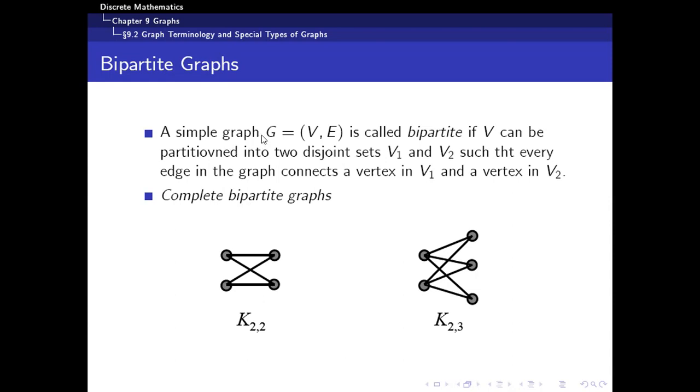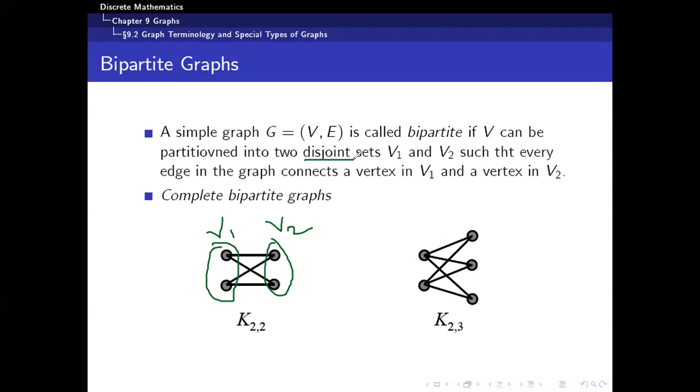So we know a graph consists of the nodes and the edges. Nodes are called the vertex. So the vertex can be grouped or separated into two groups. This group is known as V1 and this group is known as V2. And the condition is that V1 and V2 are disjoint. It means that there will be no common element between these two sets.